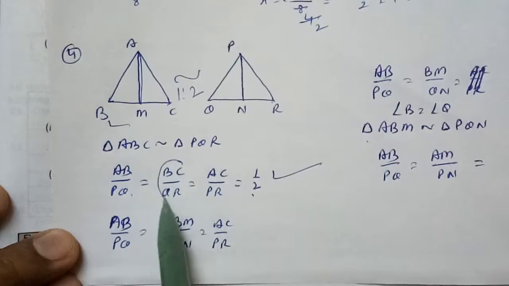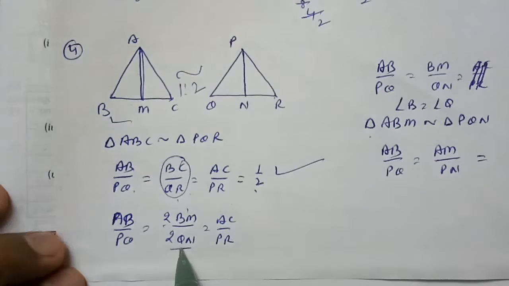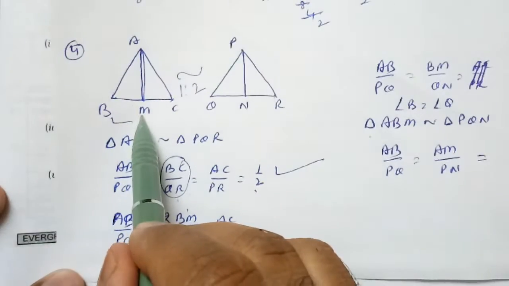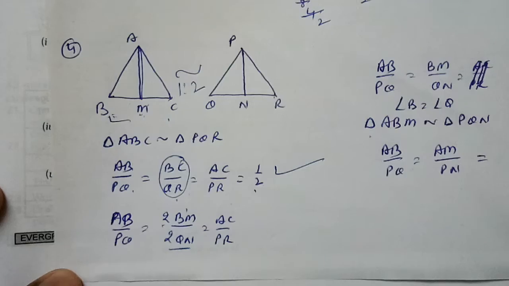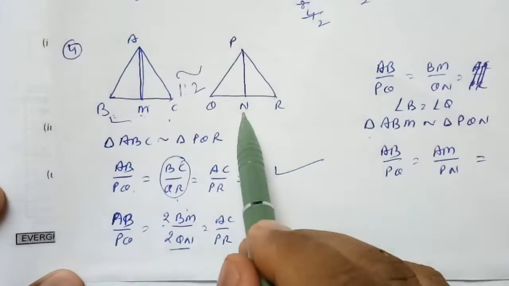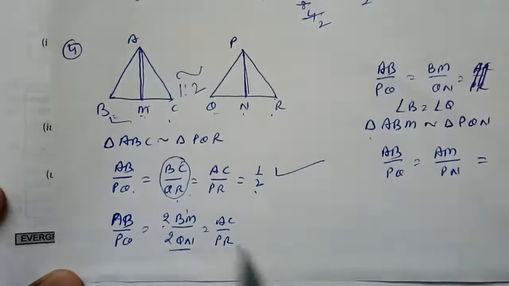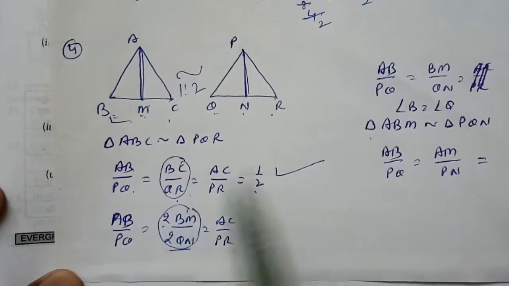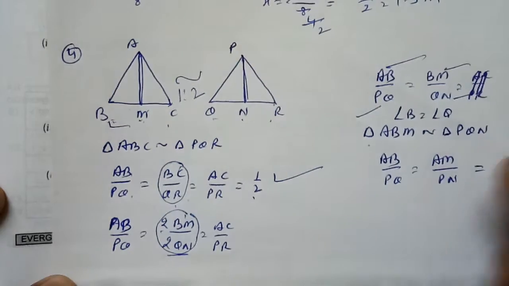So BC over QR can be written as double BM over double QN, because M is the midpoint of BC, and similarly N is the midpoint of QR because PN is the median. So from here we find that AB over PQ equals BM over QN.